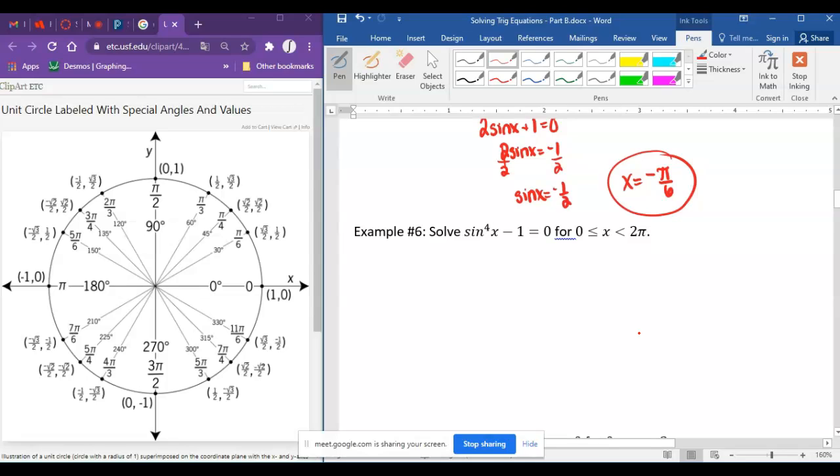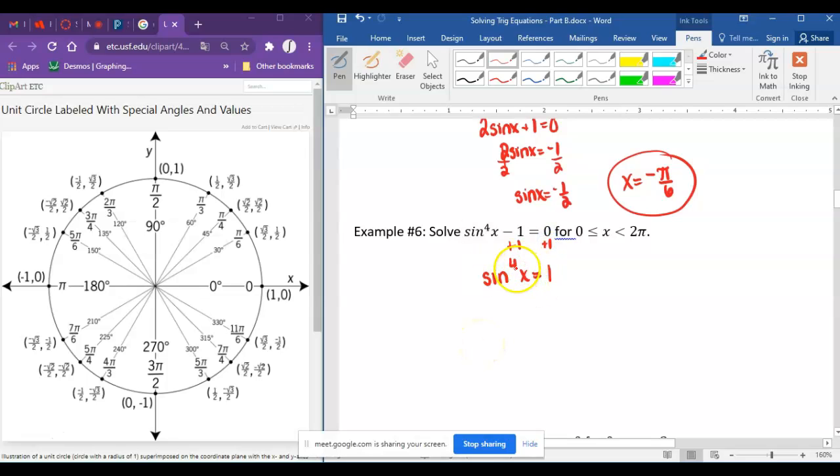Okay, for number 6, we've got sine to the 4th power of x minus 1 equals 0. So if we're solving this, sine to the 4th power of x is going to equal 1 if we move that 1 over to the other side.